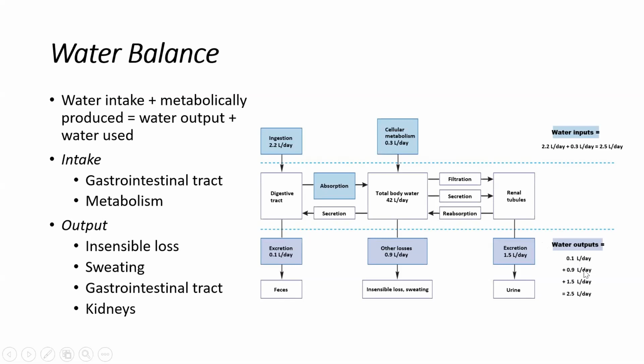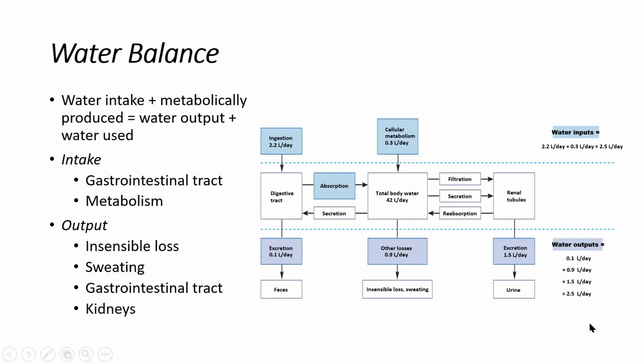Now, if we add all of that up, that is also totaling about 2.5 liters per day. So what we can see here is that our total water input for a normal healthy adult, which is at homeostasis, is exactly equal to the water output, okay?